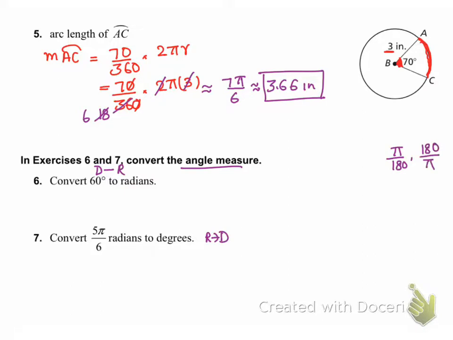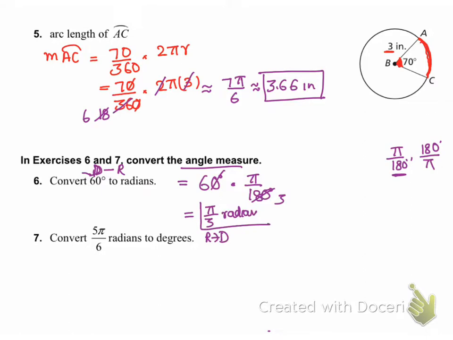If you're converting degrees to radians, choose the one which has the initial unit on the bottom. So for degrees to radians, choose pi over 180 because degrees are on the bottom. The answer will be 60 degrees times pi over 180 degrees, and that gives pi over 3 radians.